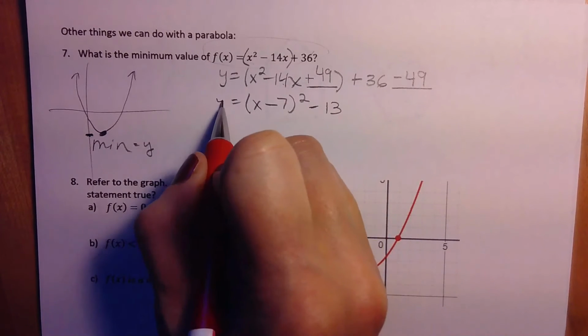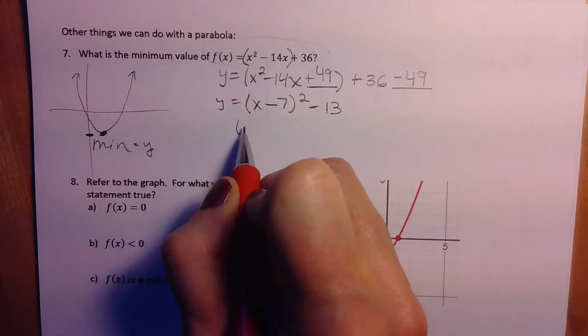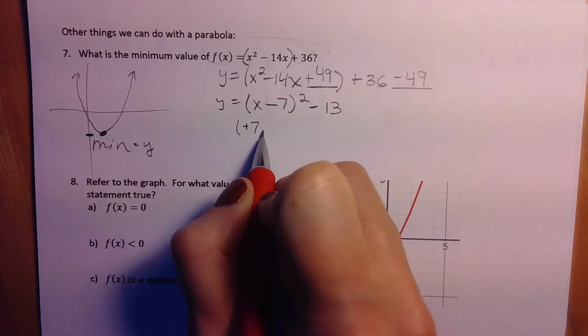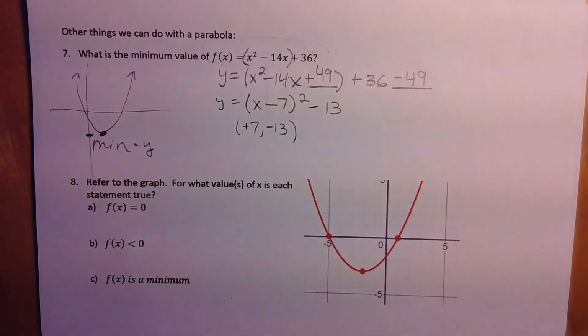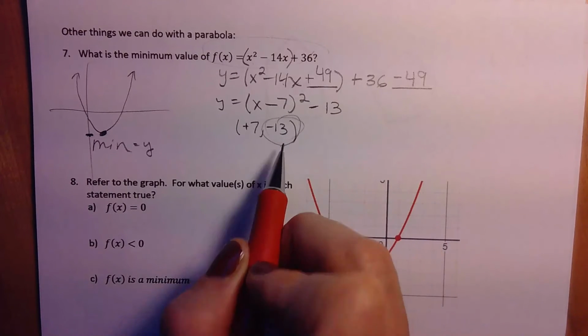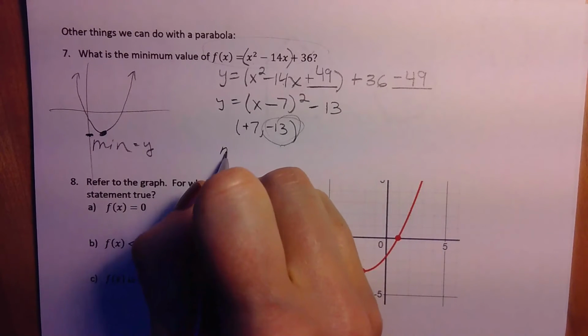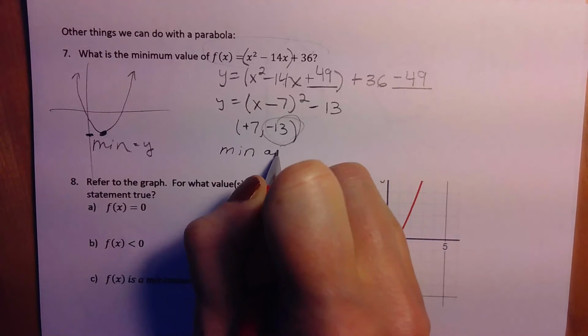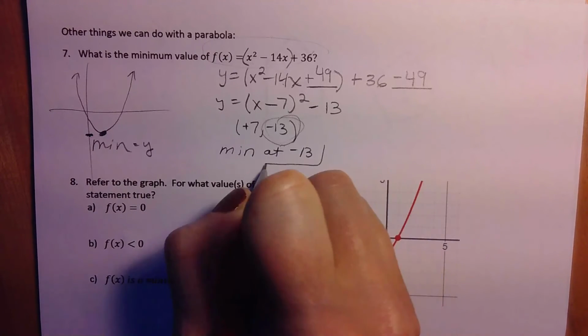All right, so we know that our vertex is at positive 7, negative 13. All right, but that's not really the final answer, right? The final answer is just the y value. All right, our minimum is at negative 13.